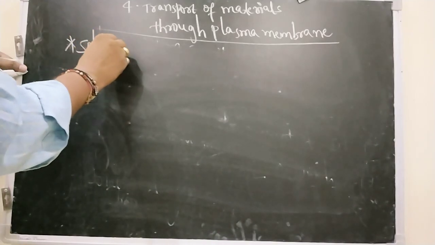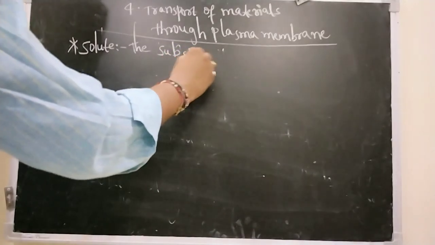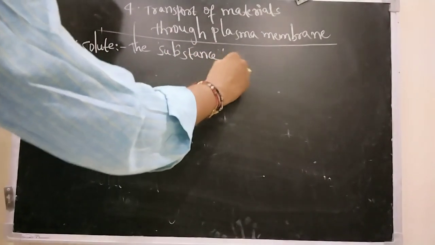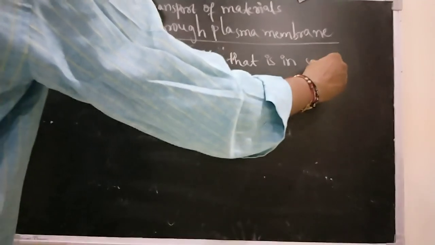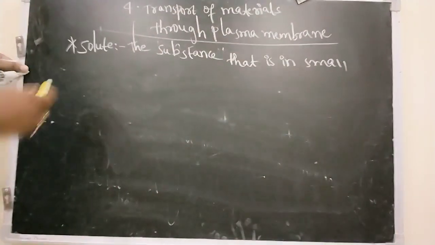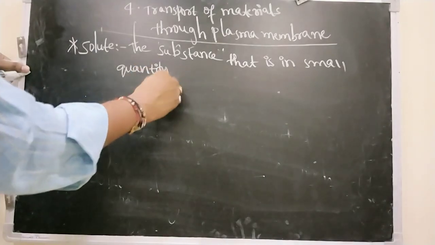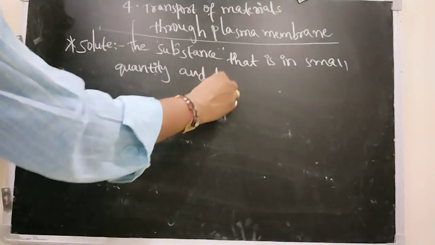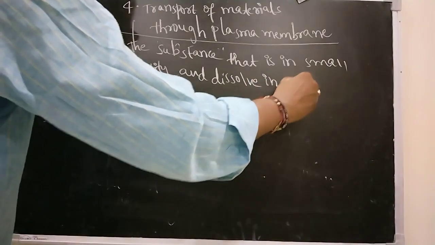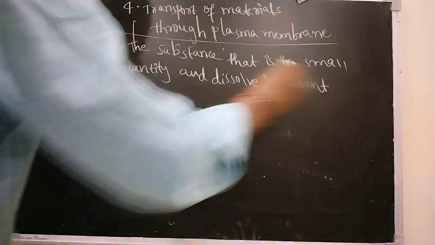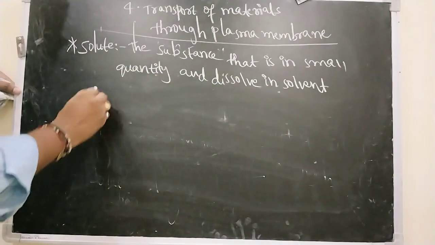Right, what is solute? The substance that is in small quantity and dissolves in solvent is called solute. What about solvent?